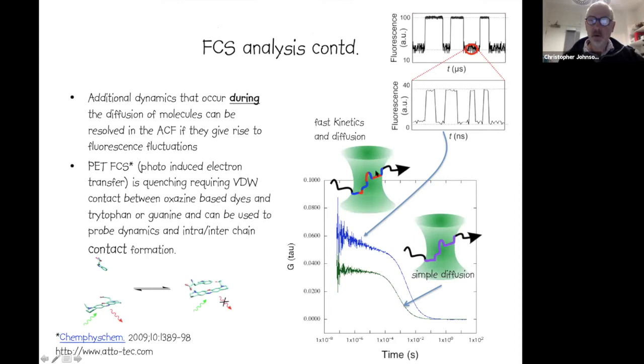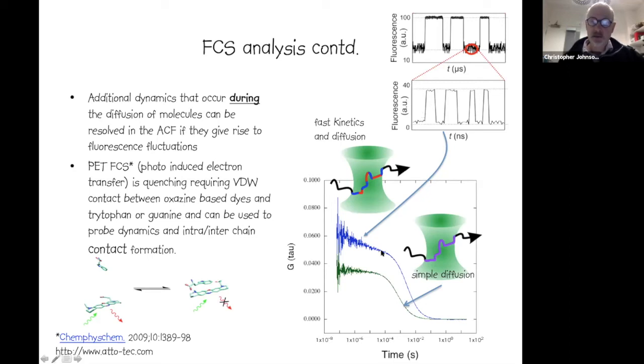So then we can also think about what happens during the transit or during the diffusion of our molecule through our observation volume. What happens if there are additional fluctuations in our fluorophore intensity? Well, obviously, if there are additional fluctuations, these will be analyzed by the autocorrelation analysis.